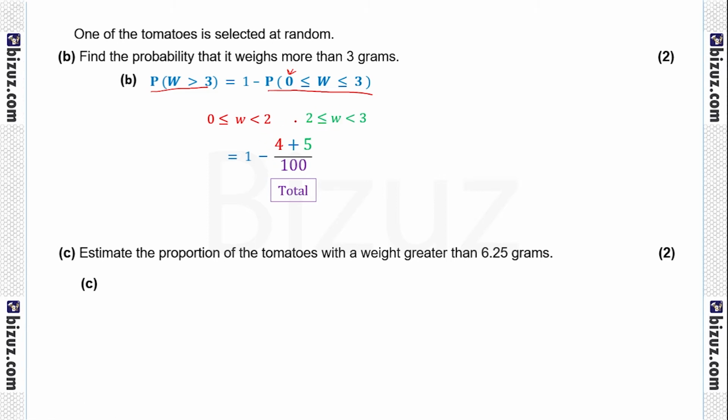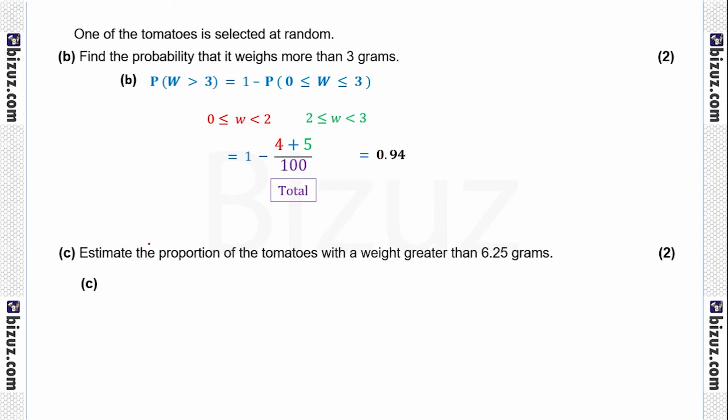And the other one, from 2 to 3, the frequency of that is 5, as was given in the previous part. So this is the total number of tomatoes that have a weight between 0 and 3 grams. And to find the probability, this is divided by the total number of tomatoes, which is 100. All right. And if we evaluate this, what we get as an answer is 0.94.